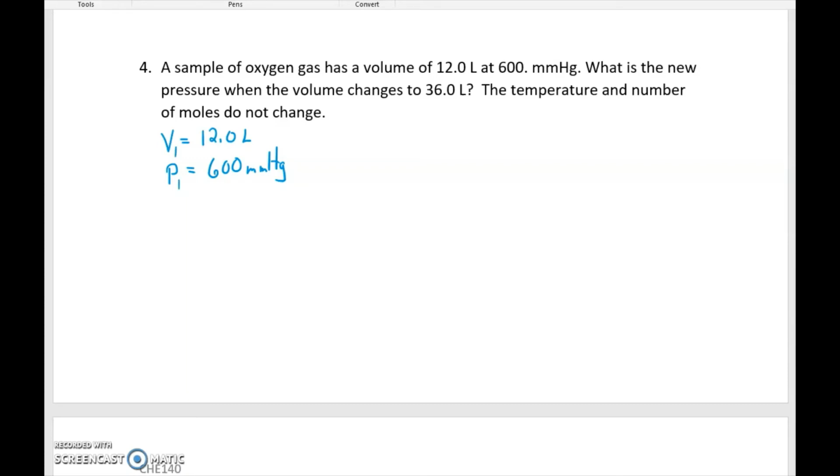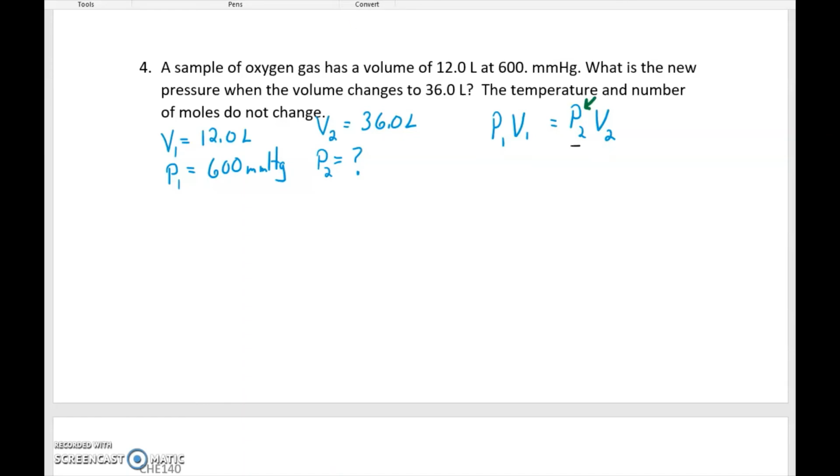and we have a new pressure that we don't know what it is. The volume is going to change, and the new volume is 36.0 liters. Well, P1 V1 is equal to P2 V2. We have everything we need to solve this equation. The only thing we don't have is this P2.